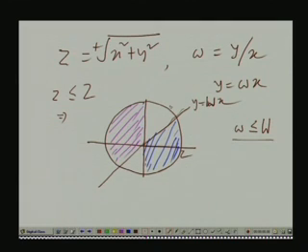Now, up to this it is okay, but to compute that probability, I now need the joint probability density function for x and y.